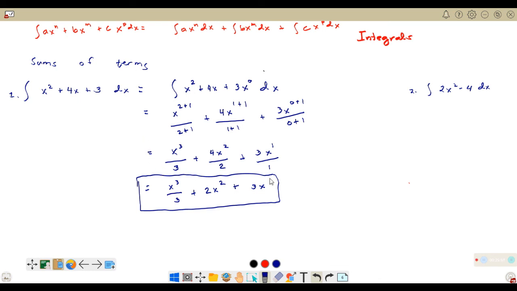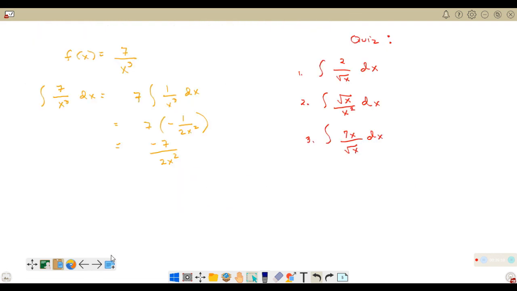Since sobrang madali naman to, I think hindi ko na kailangang isulat or ipakita pa itong 2x squared minus 4. Kayang-kaya nyo na yan. Ang gagawin ko na lang, ikakopy ko siya. Copy. Tapos, isasama ko siya as your quiz. Ayan, 4 na yung quiz nyo.